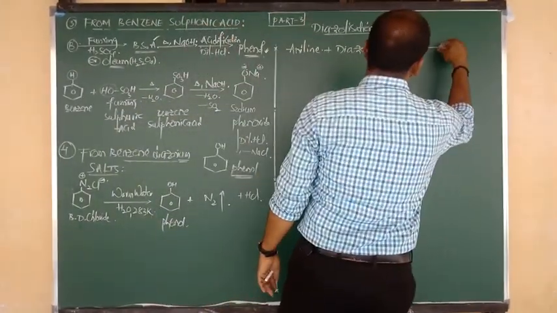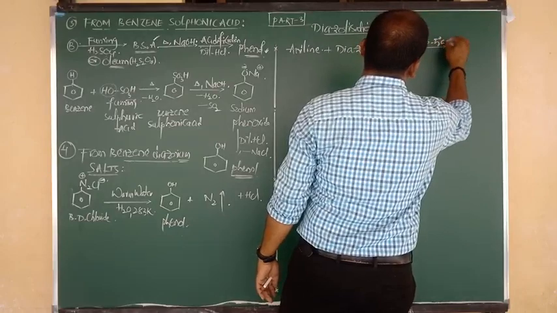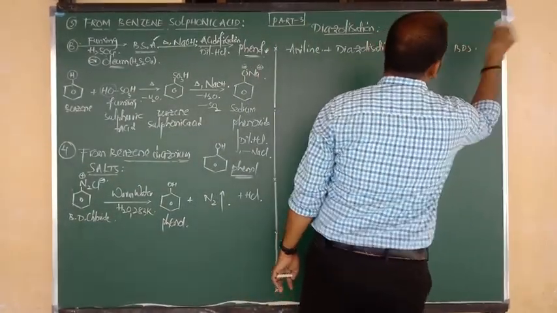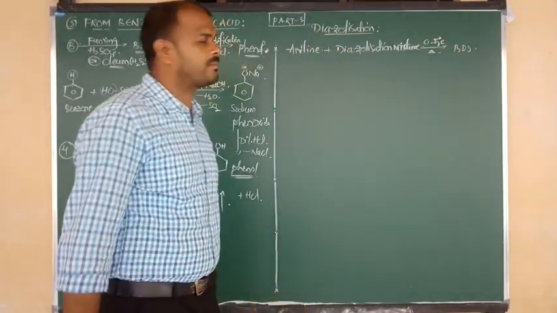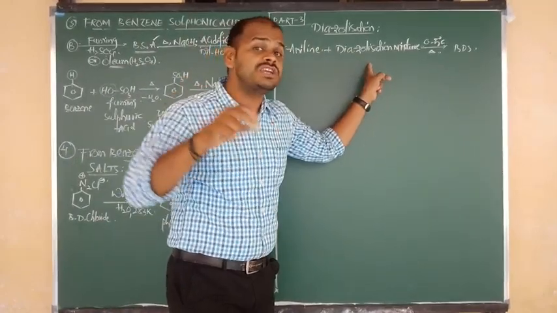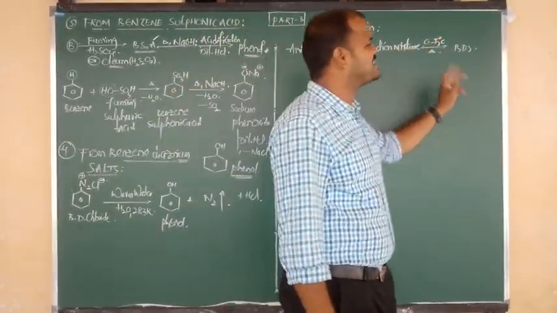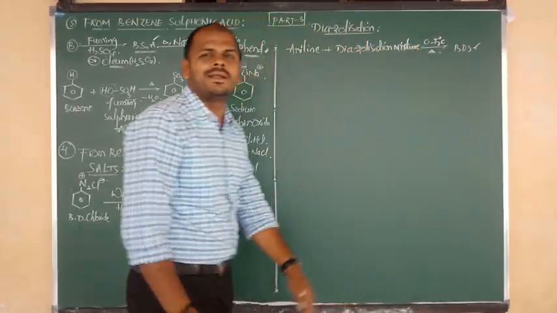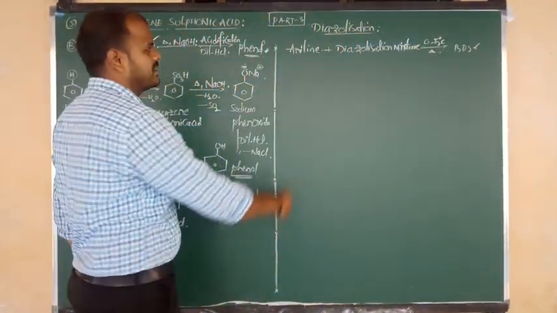The reaction takes place at a temperature of 0 to 5 degrees Celsius, and here you get the product BDS. This statement you have to remember. Once again, aniline on reaction with diazotization mixture at 0 to 5 degrees Celsius gives BDS, means benzene diazonium salt.